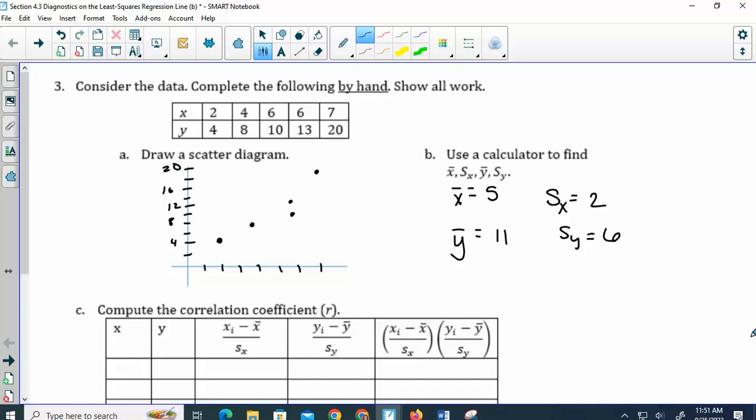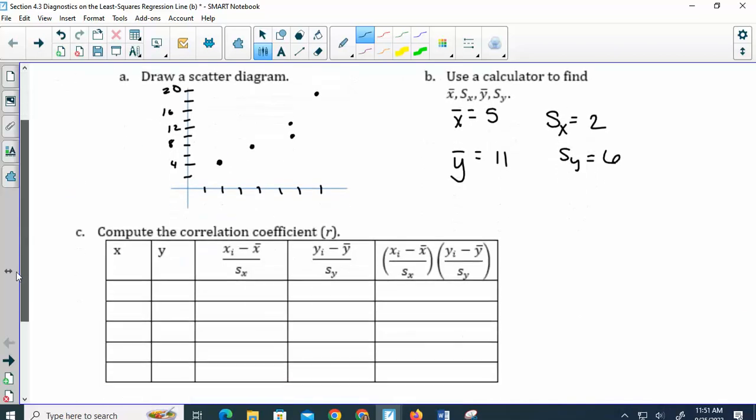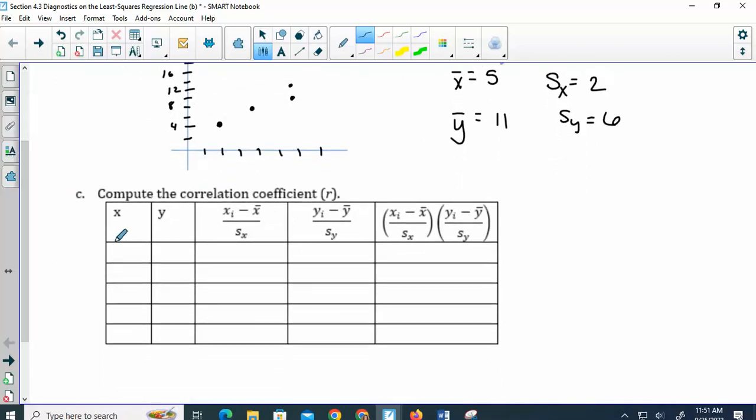All right. So if I asked you to find the correlation coefficient by hand, then I would give you this big table, and we just have to fill in all these empty places. So we have my x's 2, 4, 6, 6, 7. Y's 4, 8, 10, 13, 20. So then, on my calculator, I'm going to do parentheses.